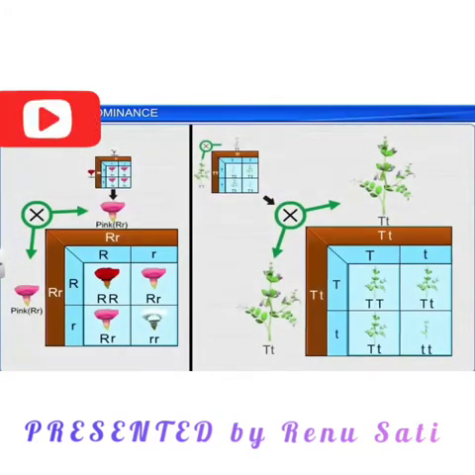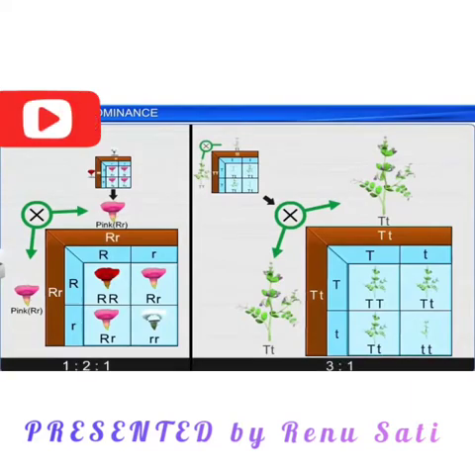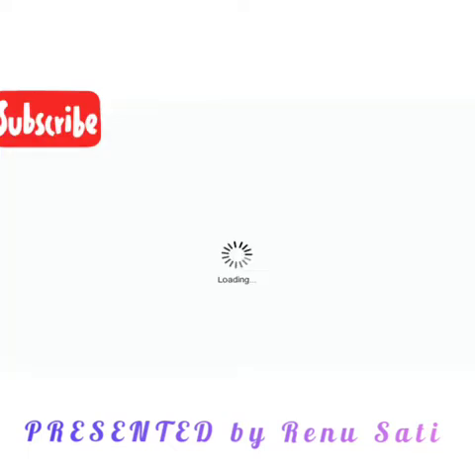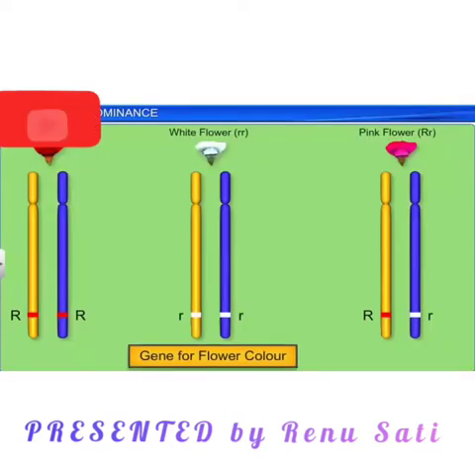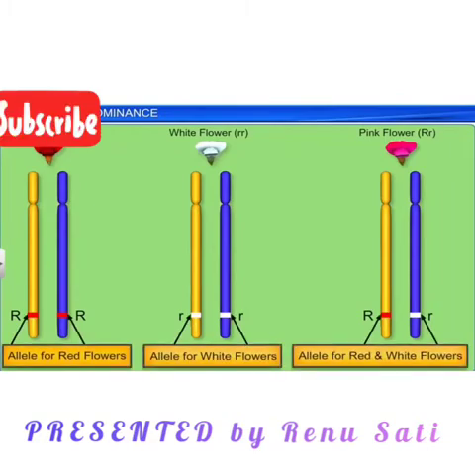So this example of the snapdragon is just against the law given by Mendel, where complete dominance means one character is able to express itself and another is not able to express itself or is suppressed by the dominant character, that is, the recessive character was present.